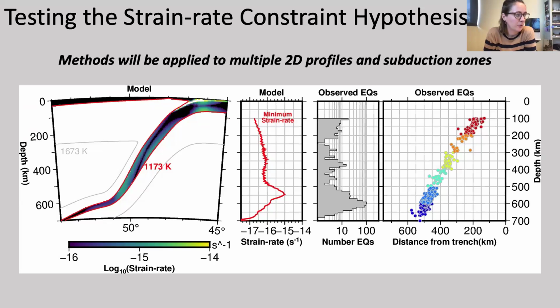And so for now, my plan is to try to get at the 3D picture, though it's still limited, by doing multiple 2D profiles close together along a swath of the trench. The 3D models would get at the 3D picture of the space that the earthquakes are actually occurring in.